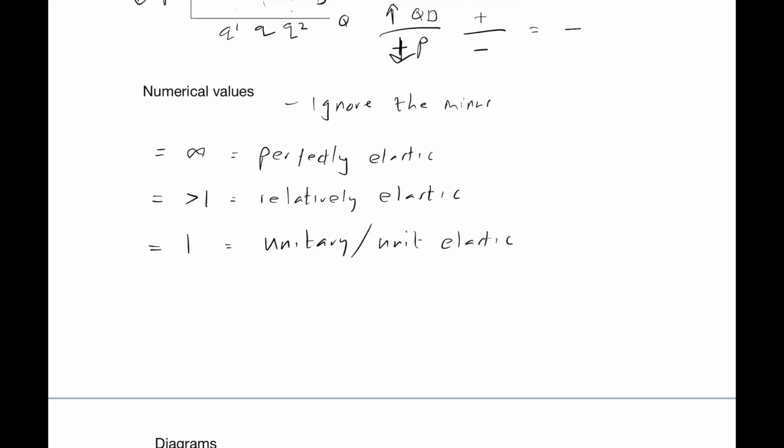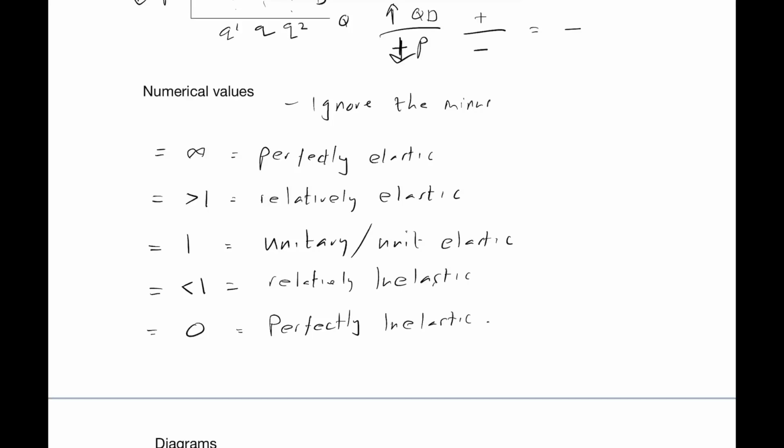If the answer is less than 1, then the product will be relatively inelastic or inelastic. And then if the answer is equal to 0, then it will be perfectly inelastic.